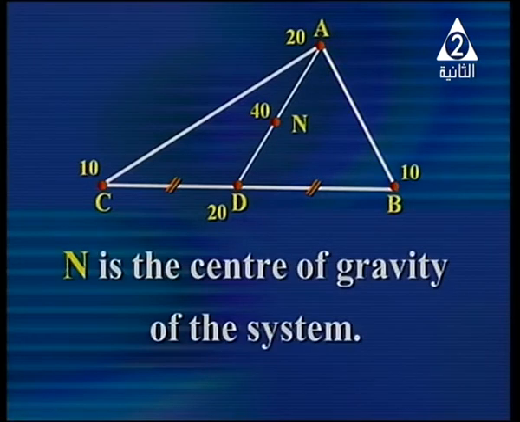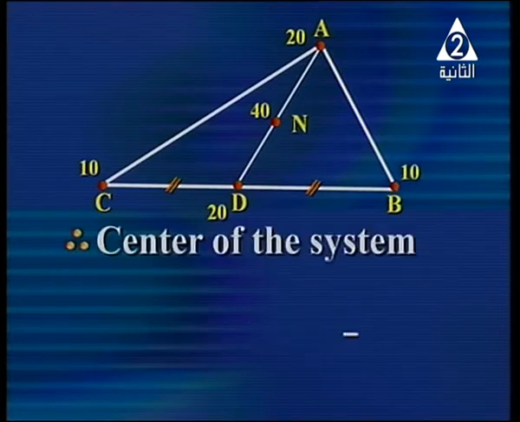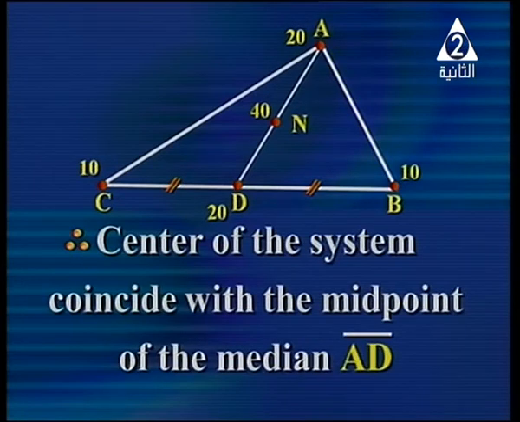N is the center of gravity of the system. Then the center of the system coincides with the midpoint of the median AD. Therefore, we prove that the center of the system coincides with the midpoint of the median AD.